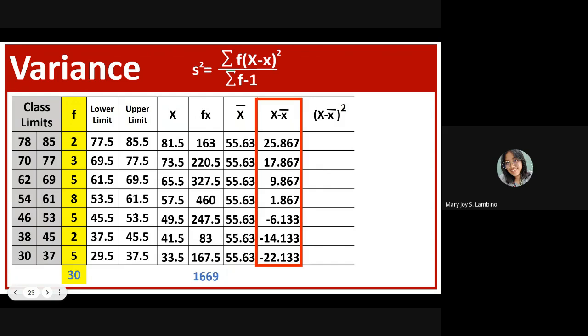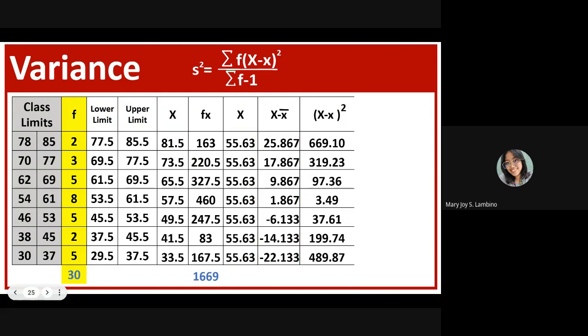So let's proceed to the variance. But before that, since we have the answers of midpoint minus the mean, let's square each of them. So 25.867 squared is 669.10.